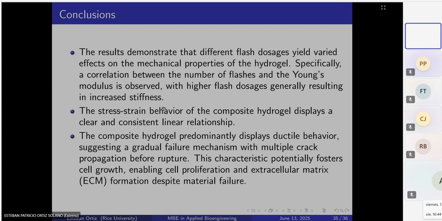If you want to work in this field, the most important point is to create a good scaffold, controlling as much as you can the mechanical properties, because after that the rest is a little bit easier. You just need to control the environment, control the proliferation, and put it in the incubator. But the critical part is creating a really good scaffold.